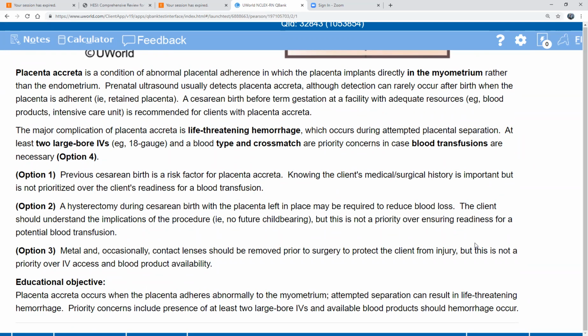You can't know what to do if you don't know the full complications of the disease and what's happening with the process. The major complication with this is a life-threatening hemorrhage, so you have to be prepared to give that blood.